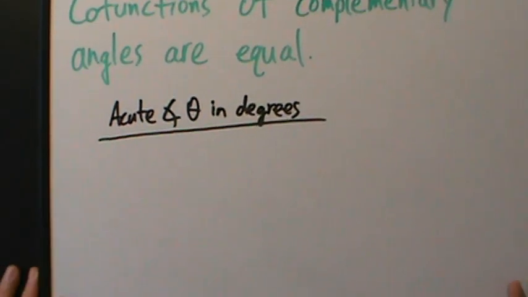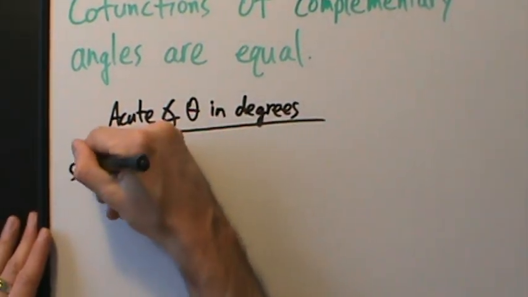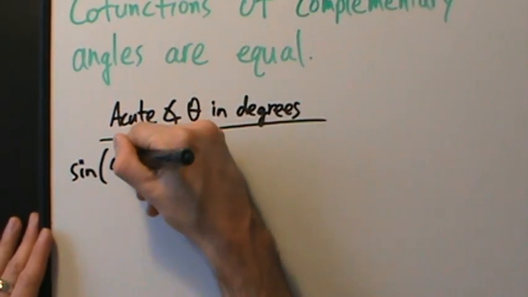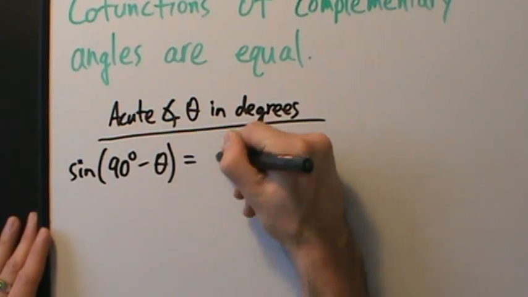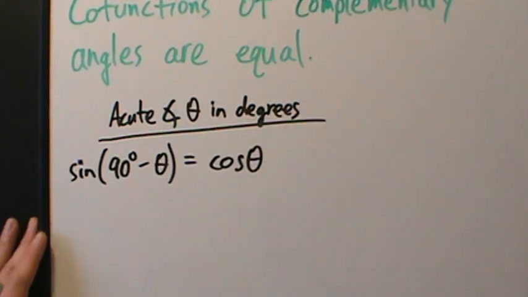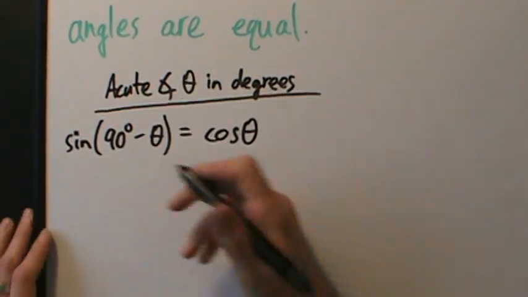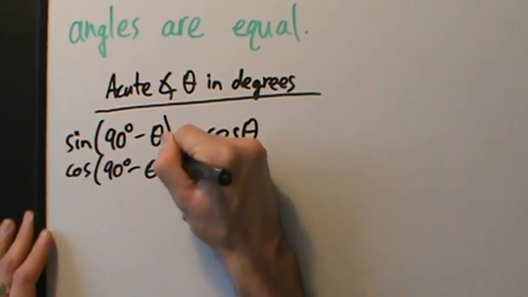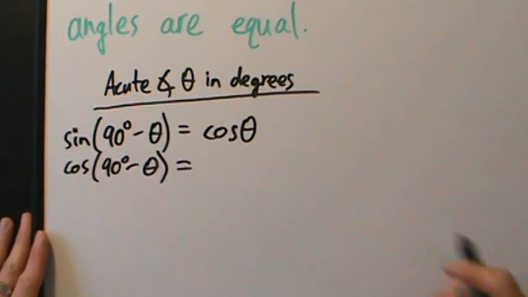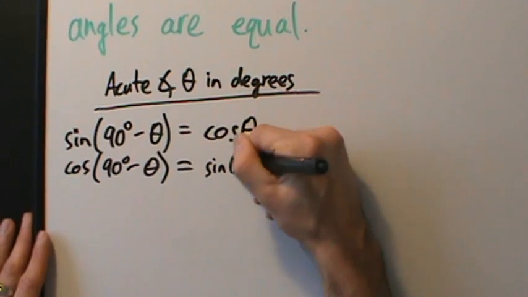Then what this theorem really says is that sine of 90 degrees minus theta equals cosine of theta. And also cosine of 90 degrees minus theta equals sine of theta.